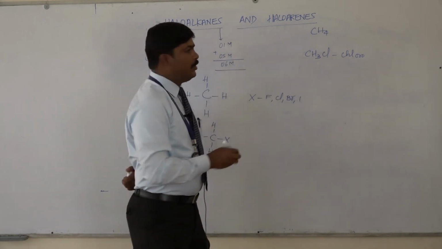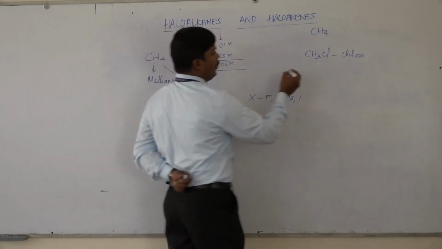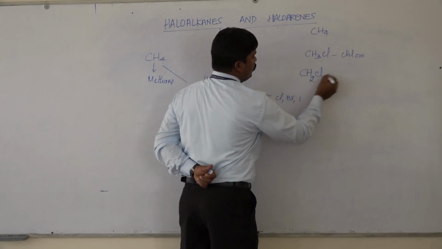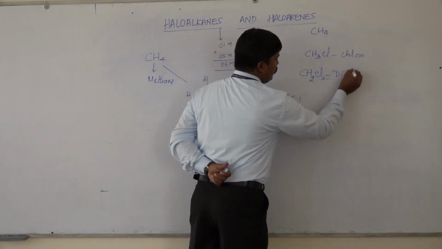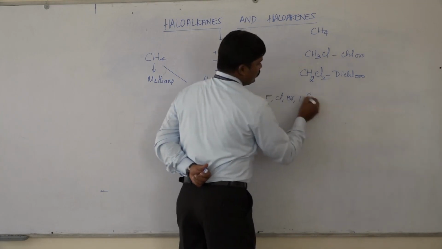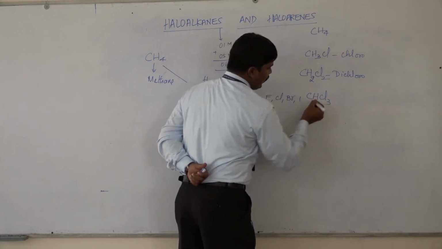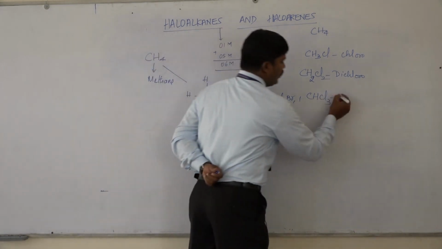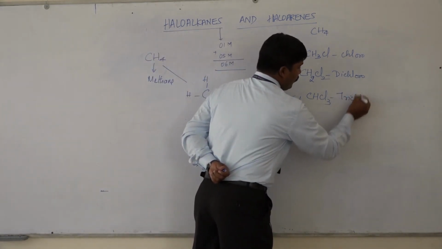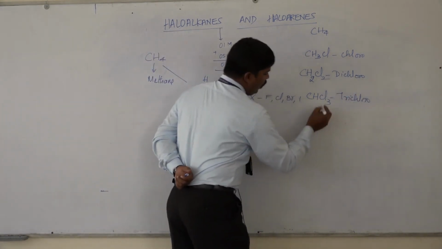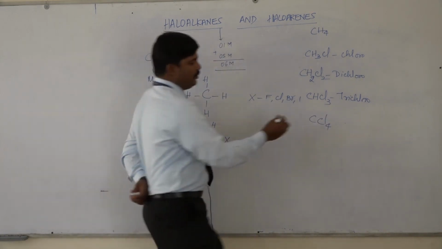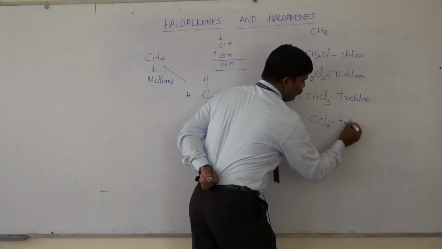If I take two hydrogen atoms, that is CH2Cl2, it is called dichloromethane. If I take 3, that is CHCl3, I can replace 3 hydrogen atoms of methane and get trichloromethane. If I replace all 4 and write CCl4, I get tetrachloromethane.